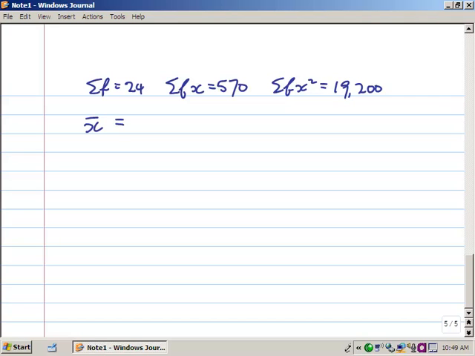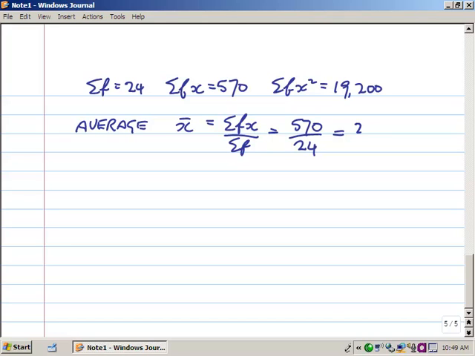So x bar, the average, sorry, let me put down what we're calculating here. Sigma fx divided by sigma f, and sigma fx is 570 divided by sigma f, which is the n, the number of data points, 24, and that boils down to exactly 23.75. It's also 4 significant places.